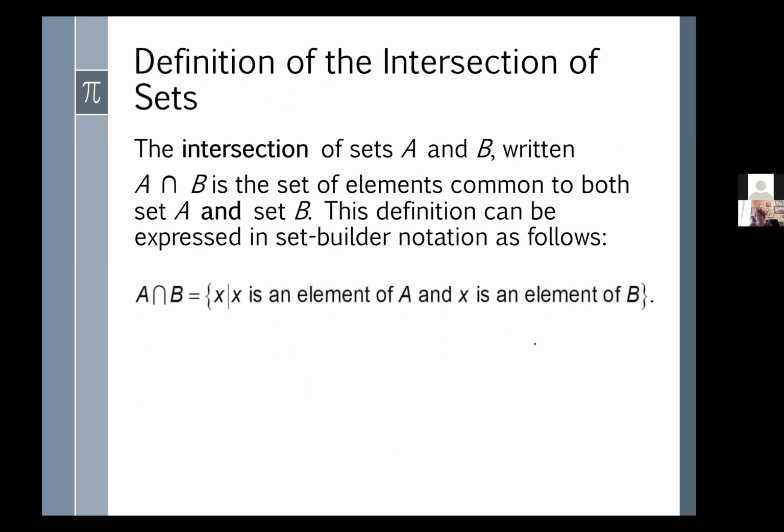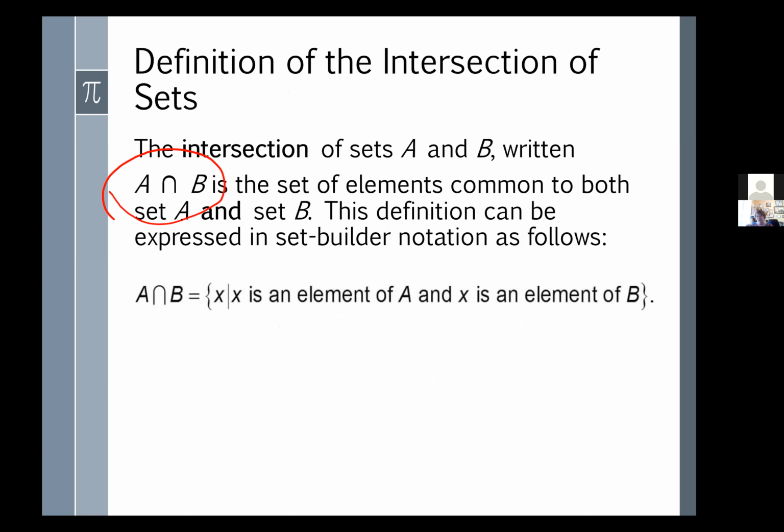Okay, so let's first define something called the intersection of two sets. So if I've got two sets, the intersection of these two sets is written like this. If you have A and an upside down U, so take your U and flip it upside down, that means the intersection of those two sets.